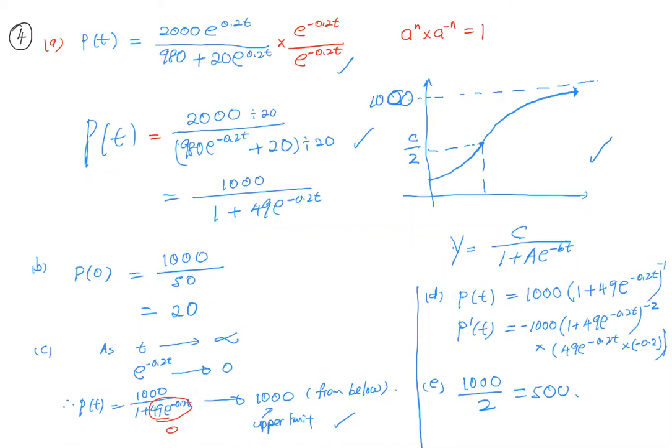Then what was the number of people that were infected with H1N1 more than 700 for the first time? 700. So you have to use your GC or you can use your solver. For F, you put 700 equal to your Y1.